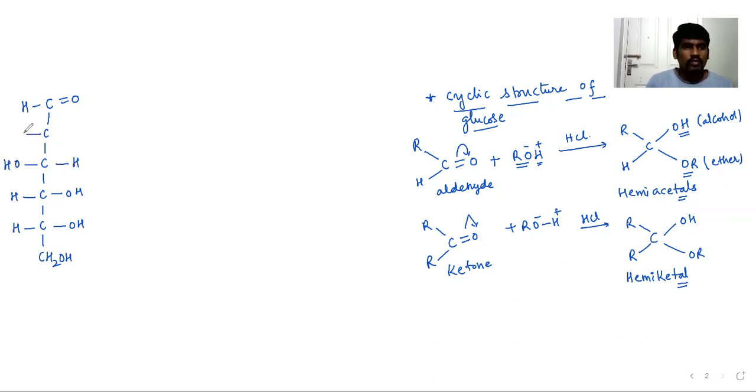I'm showing you the formation of the hemiacetal. This is the glucose structure, in which the aldehyde functional group is there. So this is C1, C2, C3, C4, C5 and C6. Now if you polarize the bond in this direction, right?